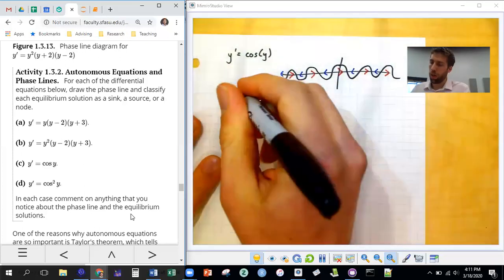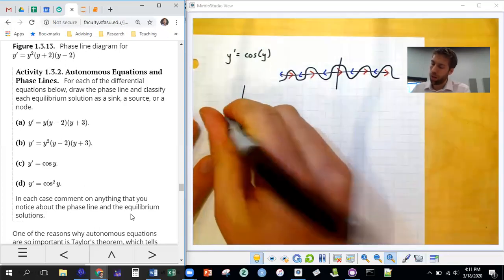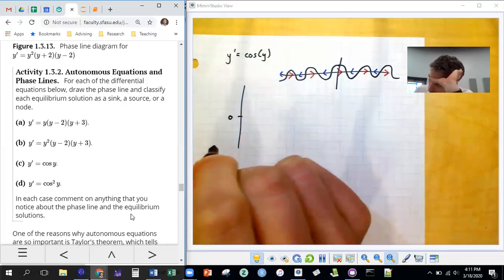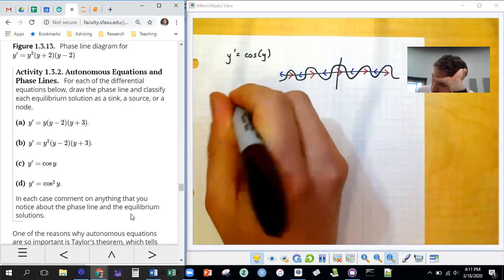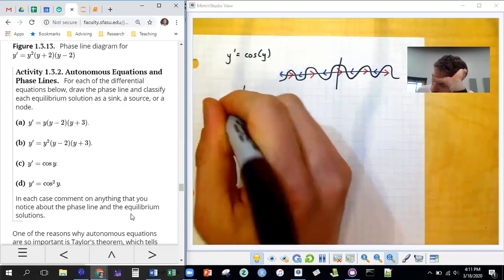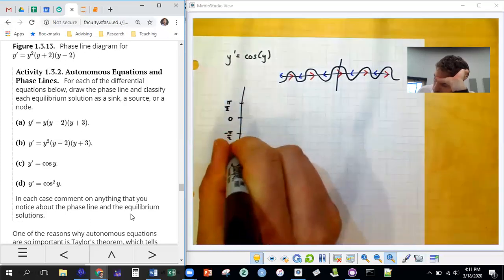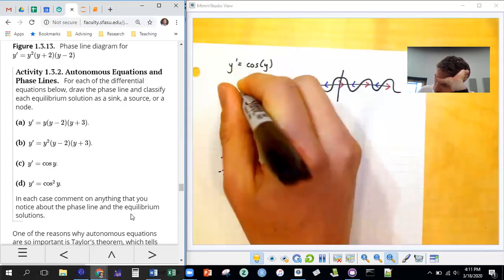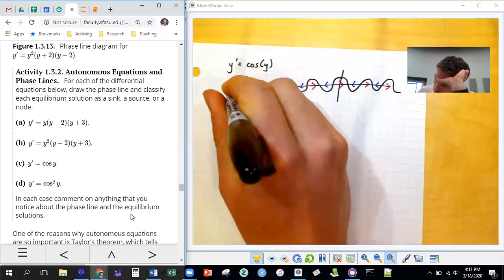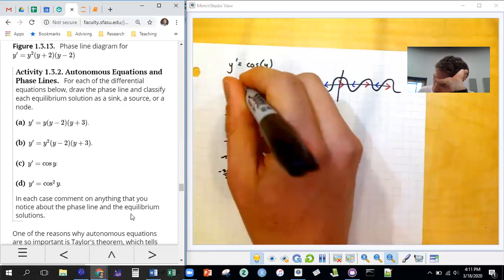So if I draw here, this would be at 0. And then at pi over 2, so it zeroes out, and negative pi over 2, and negative pi, and negative 3 pi over 2, and pi, 3 pi over 2.